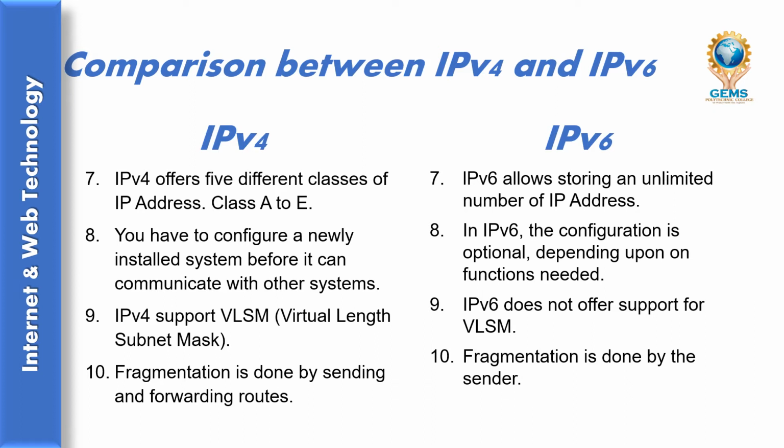IPv4 supports variable length subnet mask, but IPv6 does not offer support for VLSM, that is variable length subnet mask. In IPv4, fragmentation is done by the sending and forwarding routers. In IPv6, fragmentation is done by the sender only.